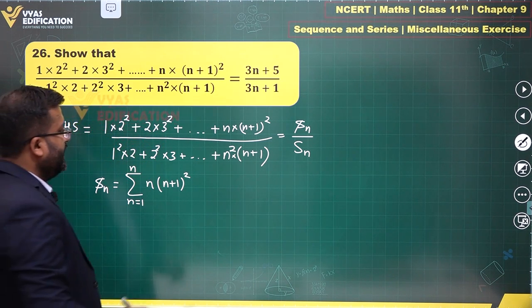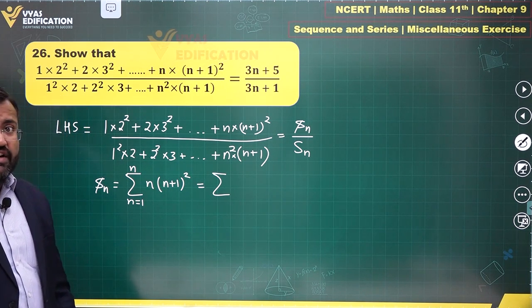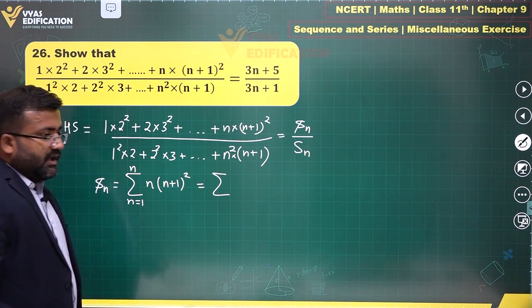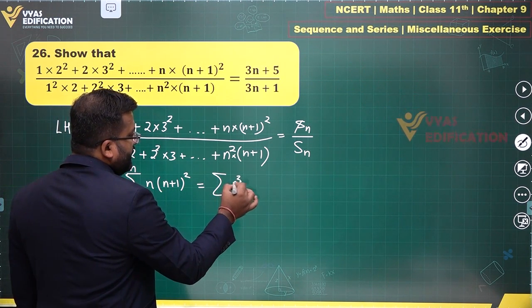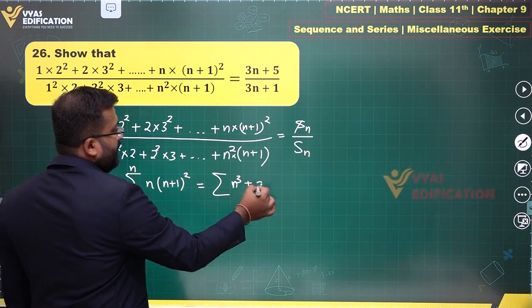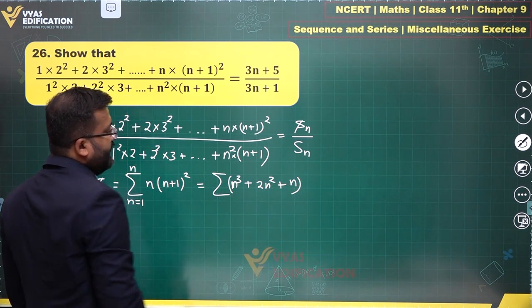That's what we are interested in, right? This will be sigma. Let's multiply this and see where that takes me. So if you observe, n square into n will be n power 3 plus 2n times n will be 2n square plus 1 into n will be n. This is what you get, right?